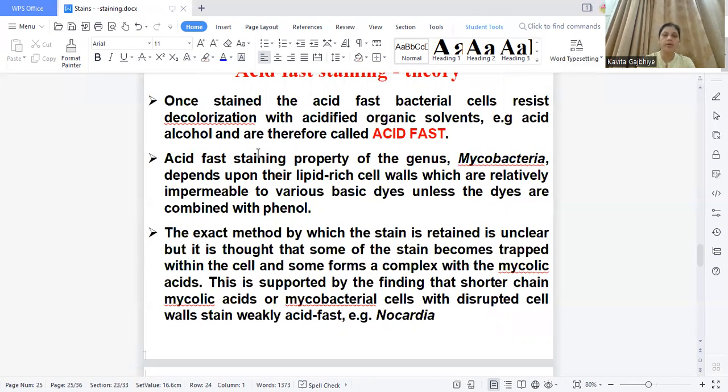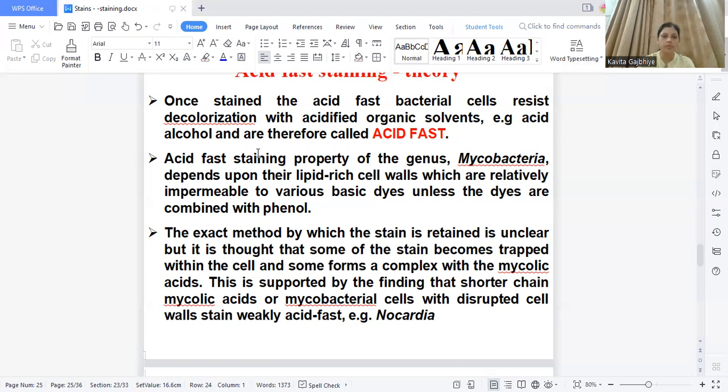For example, the genus Mycobacteria generally shows this kind of acid-fast staining. It depends on their lipid-rich cell wall, which is relatively impermeable to various basic dyes unless the dyes are combined with phenol. The exact method by which the stain is retained is unclear, but it is thought that some of the stain becomes trapped within the cell and some forms a complex with the mycolic acid.